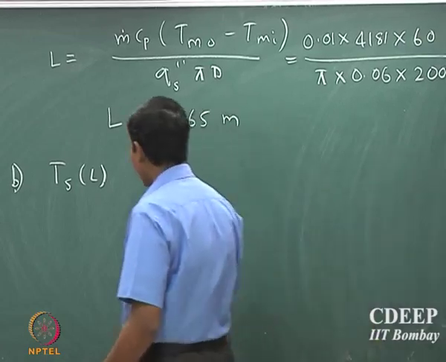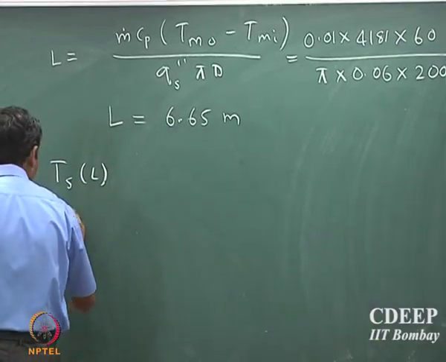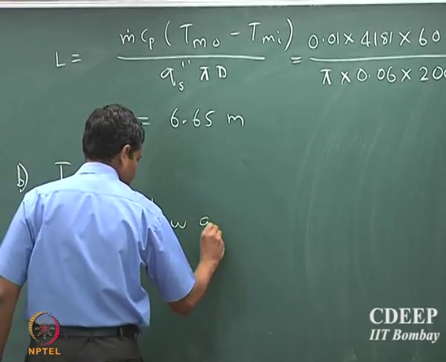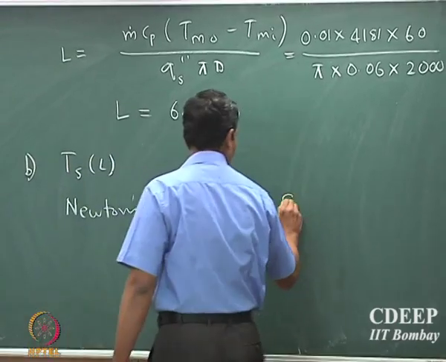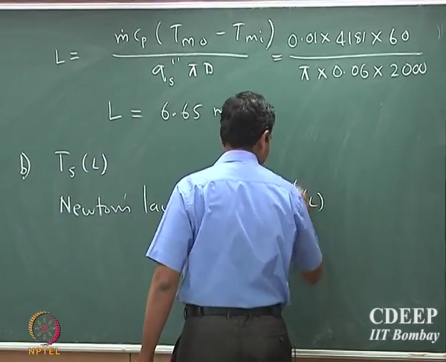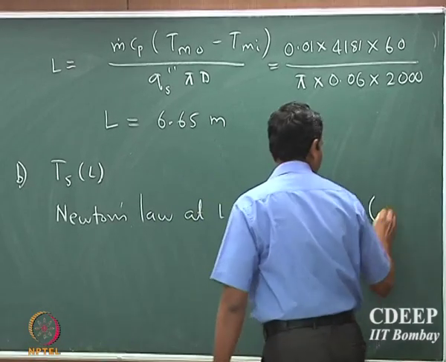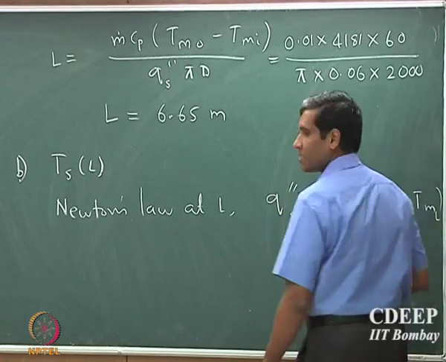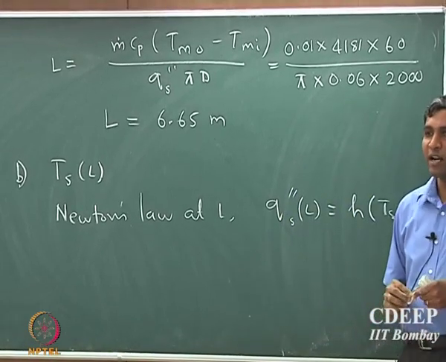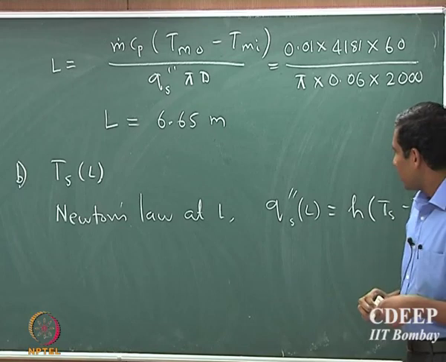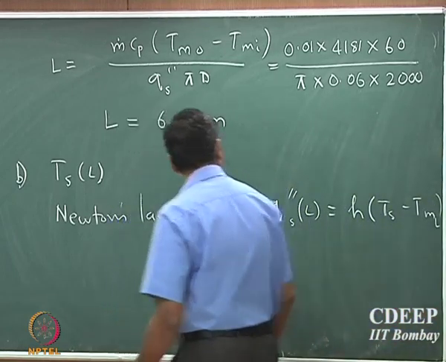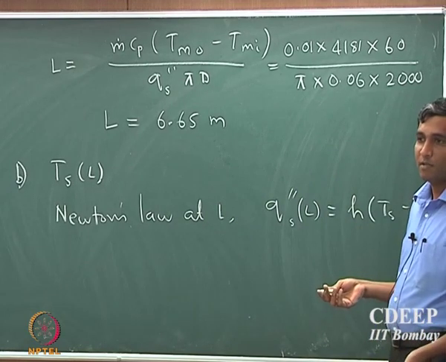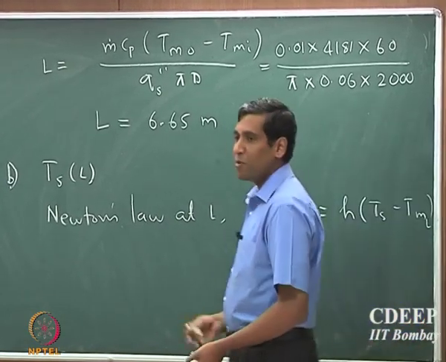Supposing I write Newton's law of cooling at L, so Qs at L will be H into Ts minus Tm at L, right? So that's the Newton's law of cooling at L. Now, if I know the heat transport coefficient and Tm, I'm done, right? But I know much more than that.